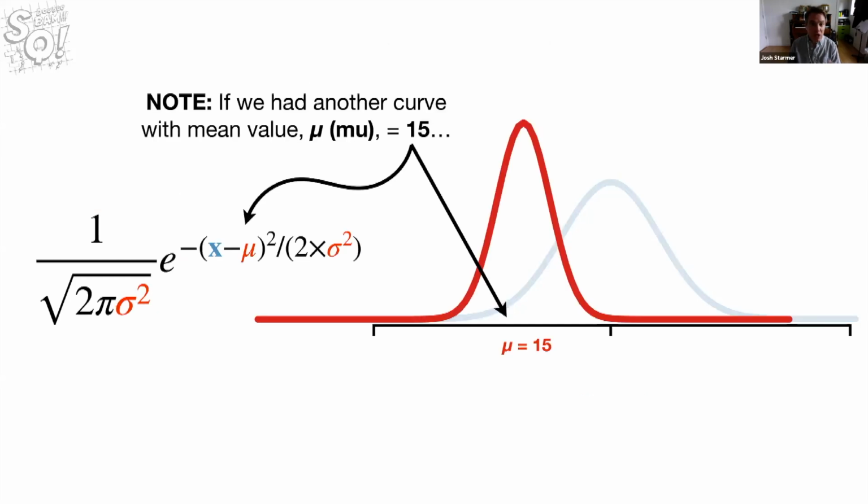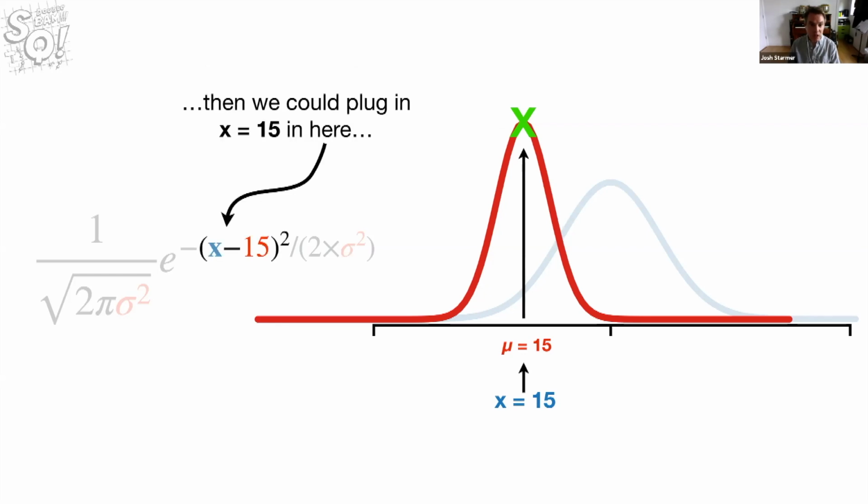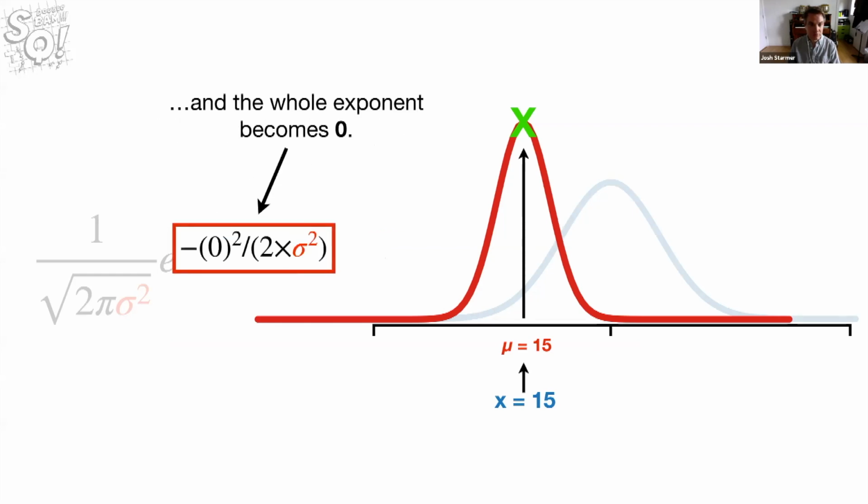Note, if we had another curve with another mean value, so in this case mu equals 15, and we wanted to know the y-axis coordinate for the peak of the curve, then we could plug in x equals 15 here, and that makes this term 0, and the whole exponent becomes 0.